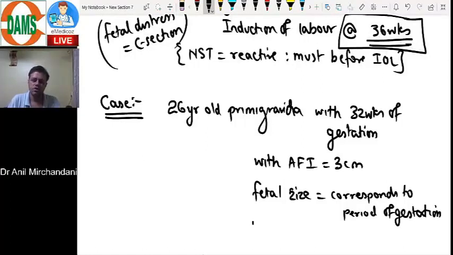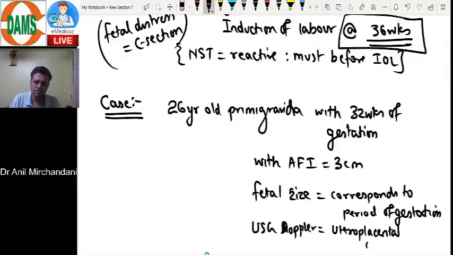USG Doppler shows uteroplacental insufficiency. This is what is given to you.